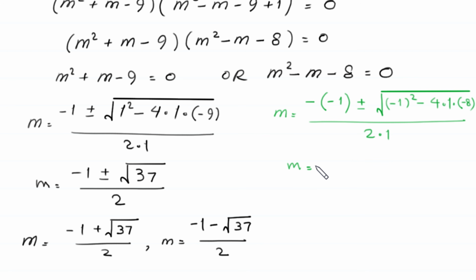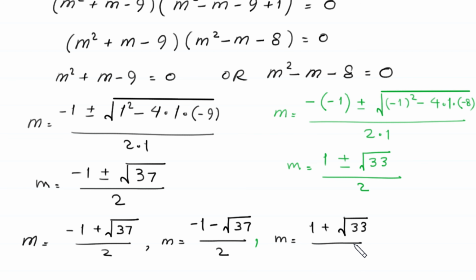Next, m is equal to negative times -1 will become +1 plus or minus square root of -1 squared is 1, -4 times 1 times -8 is plus 32. 1 plus 32 will become square root of 33 divided by 2. From here we get the other two values of m. m is equal to 1 plus root 33 over 2, and m is equal to 1 minus root 33 over 2.